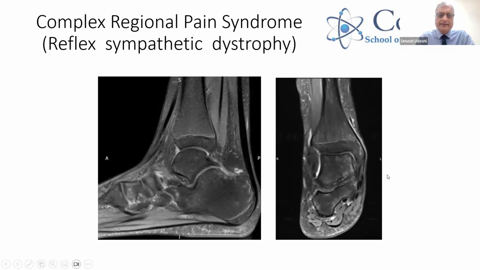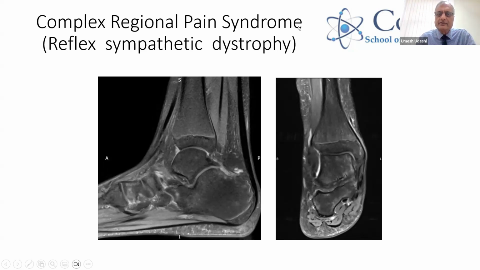There's very few differentials for this sort of appearance if it's involving most of the hindfoot. You may see some overlying soft tissue edema as well, and clinically, the patient is complaining of severe pain in the ankle and foot. There may be rather white, swollen skin, and it all looks very tense.